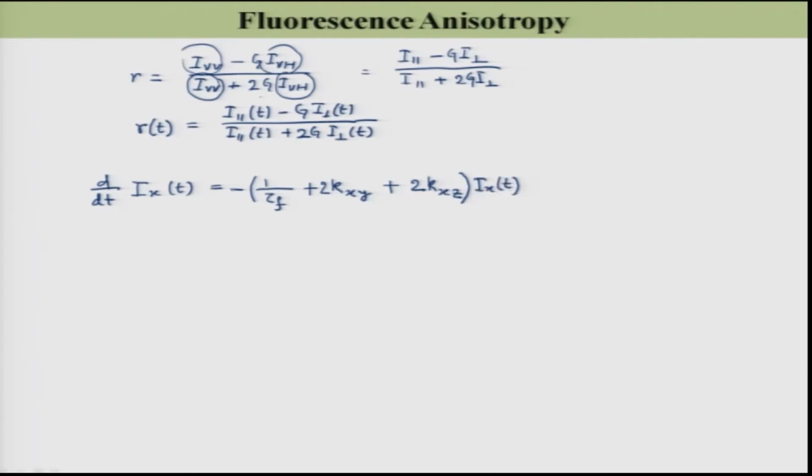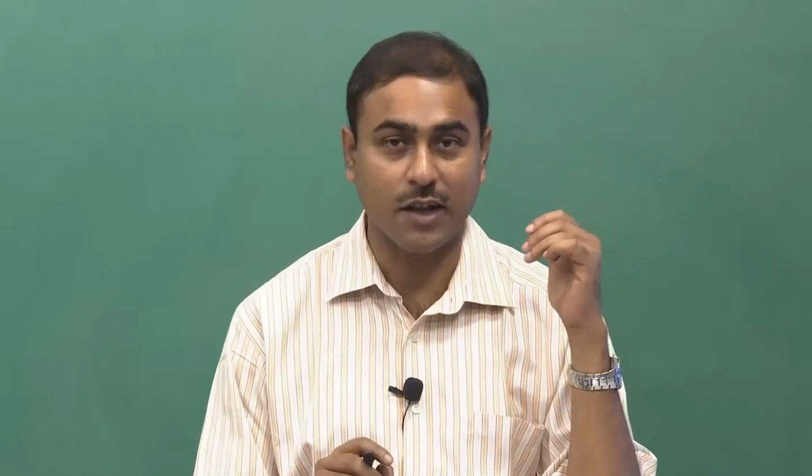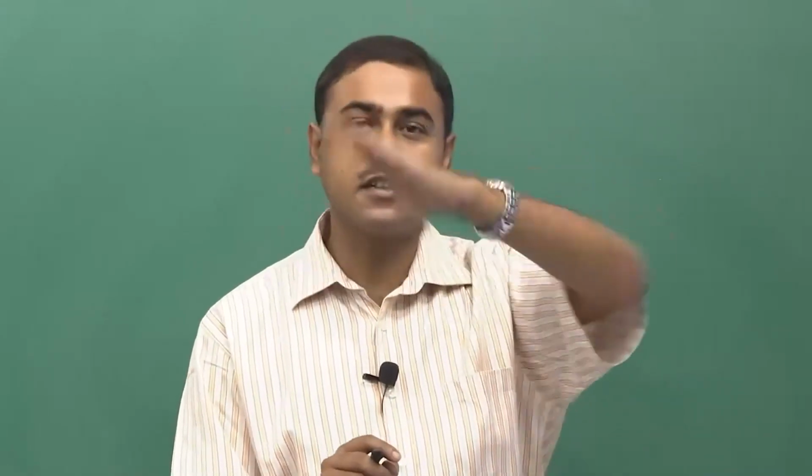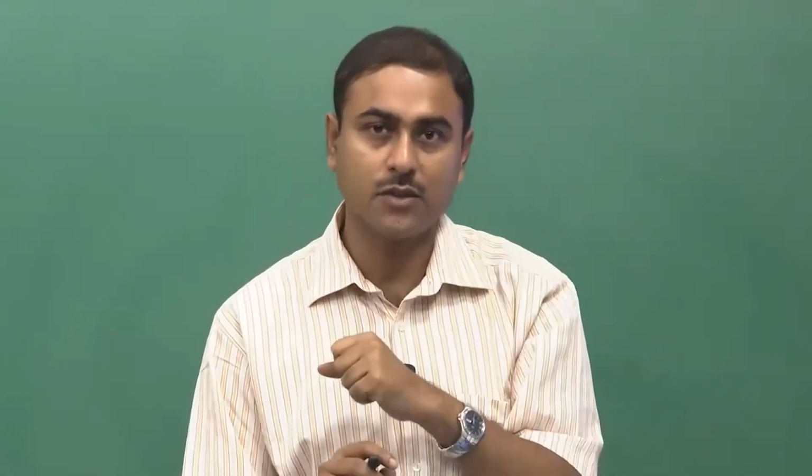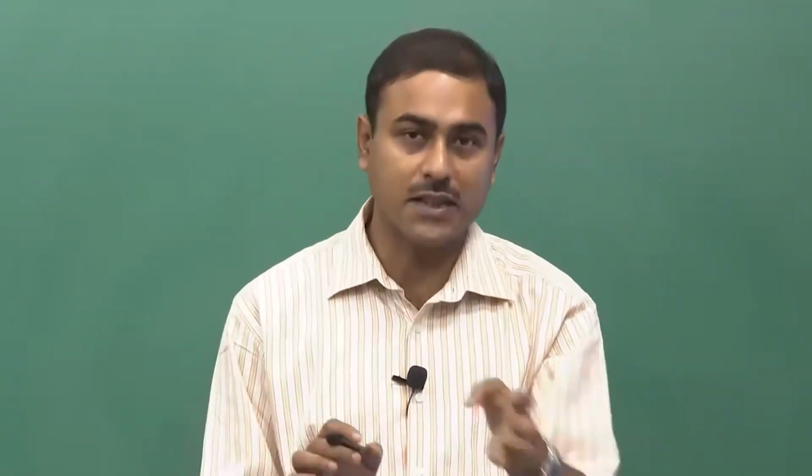So, this is my deactivation, but I have said that I have excited with arbitrary polarization of excitation. So, these molecules are excited, these are excited, these are excited. When these molecules are excited, they can also come back to this x axis, from y to x, and then it will contribute to the fluorescence intensity along the x axis. So, I also should write this as a plus term over here.